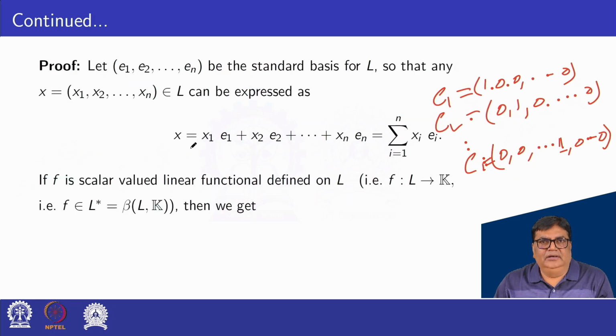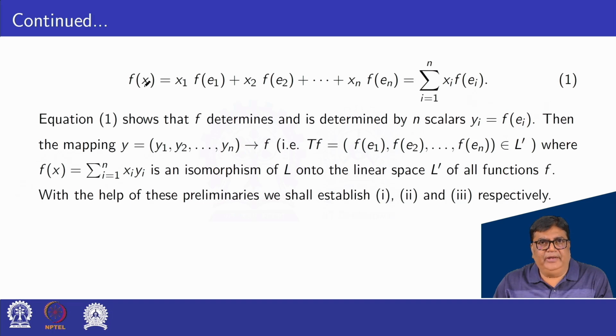Then we get f(x), where x is equal to x1 e1 plus x2 e2 plus and so on xn en. So taking the functional on both sides, f(x) is equal to x1 f(e1) plus x2 f(e2) plus and so on xn f(en). Here x1, x2 and so on xn are constants and e1, e2 and so on en are vectors.